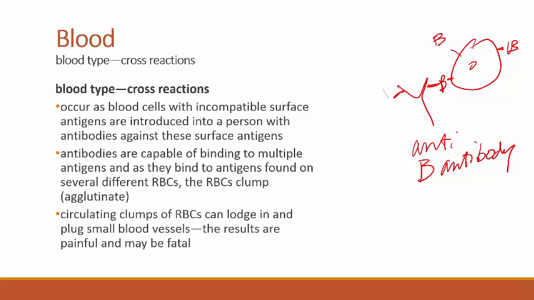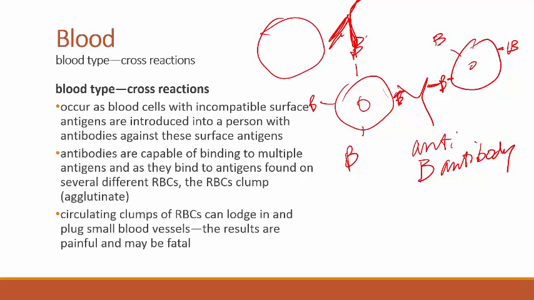And over here it binds to the blood antigens on this red blood cell in the person's body. And pretty soon another antibody comes along, and it's capable of binding to this B and to the B on this red blood cell.